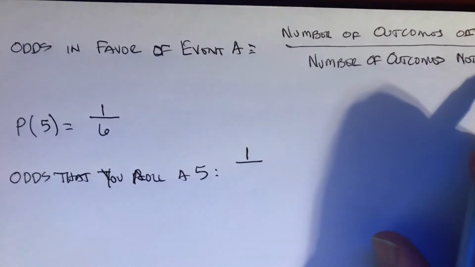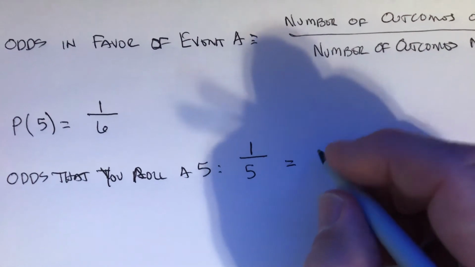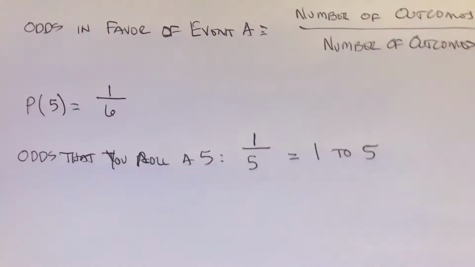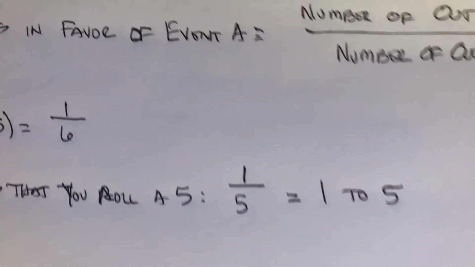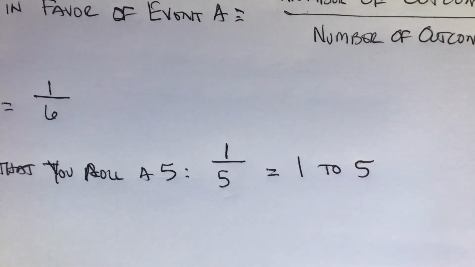The number of outcomes not in A is 5. So we say the odds are 1 to 5 that you roll a 5. That's how you calculate the odds.